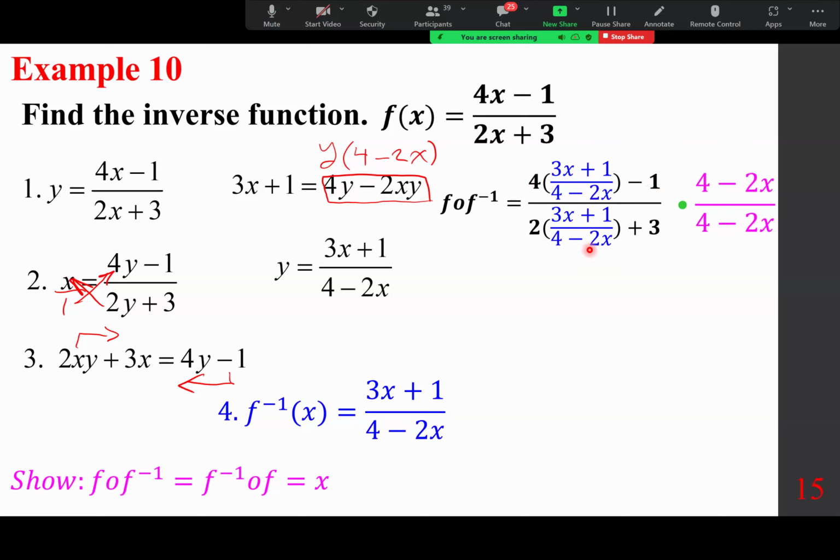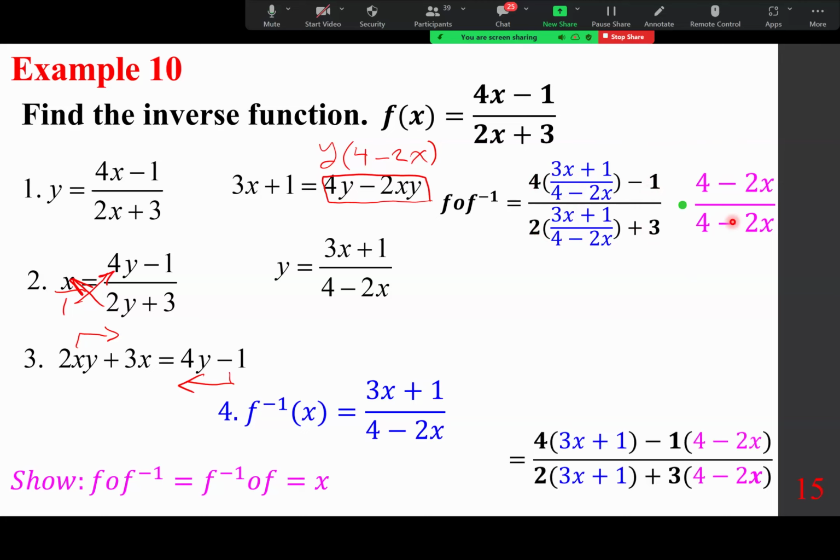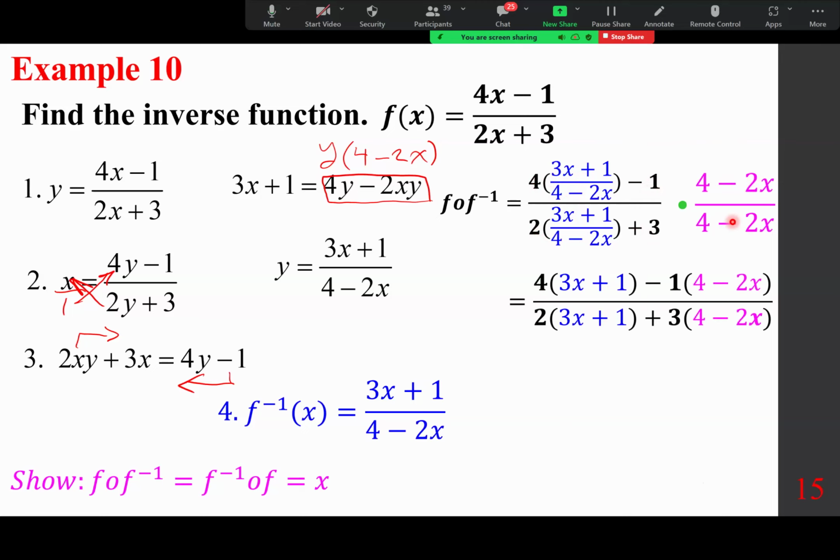When you multiply these two, the denominator goes away. 2 times 3x plus 1 plus 3 times this. So I'm hoping nobody has any problem with complex fractions. This is the fastest way to simplify a complex fraction. Let's distribute. We get 12x plus 4 minus 4 plus 2x. 6x plus 2 plus 12 minus 6x.